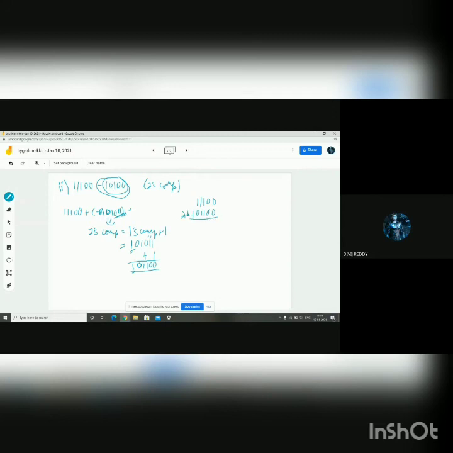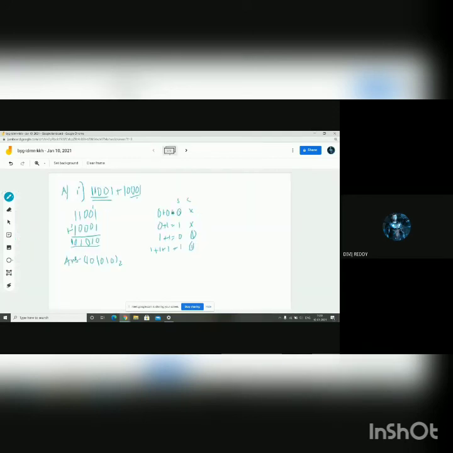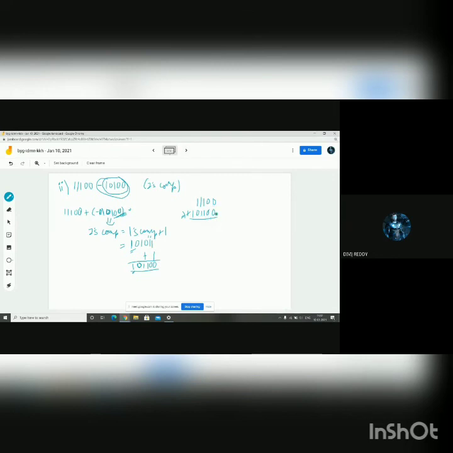Now we have to perform normal binary addition. As we have seen the rules here, we apply these rules and perform addition. 0 plus 0, answer is 0. 0 plus 0, it is 0.